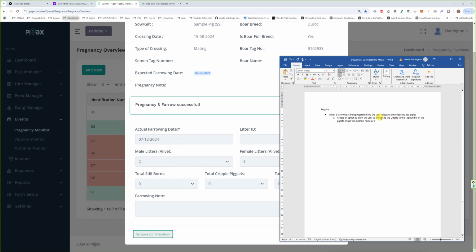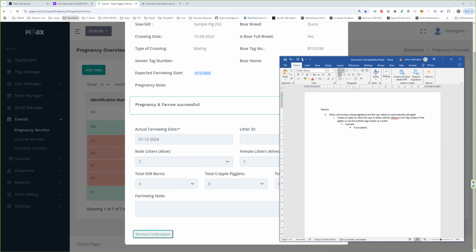Okay, so this is maybe not so clear if you read it. So if this happens, examples are important. So I'm just going to write an example. This is an example of if the user selects use litter ID as prefix.